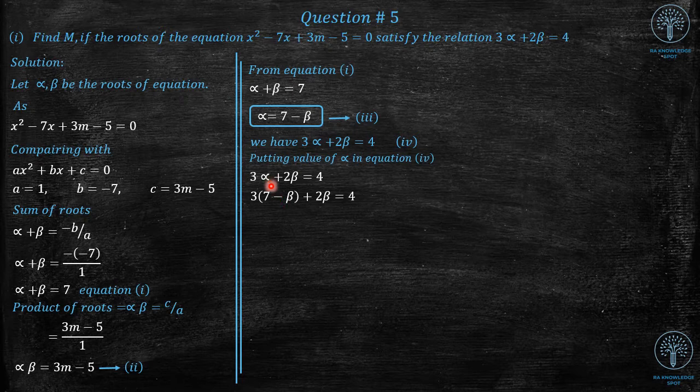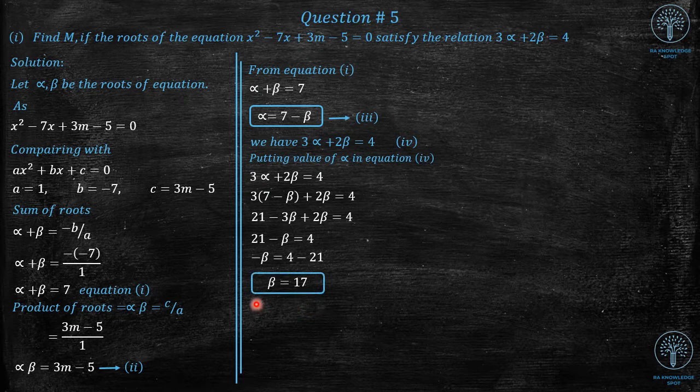We are putting the value of alpha here, just replacing alpha with 7 minus beta. 7 3s are 21, then 3 beta plus 2 beta, is equal to 4. This will be minus beta is equal to 4. You're going to shift 21 to the other side. When you solve it, it will be minus 17 and minus beta. Minus will be cancelled from both sides, and the value of beta is 17.